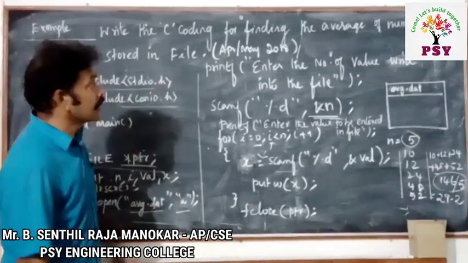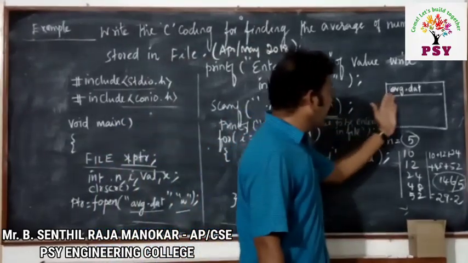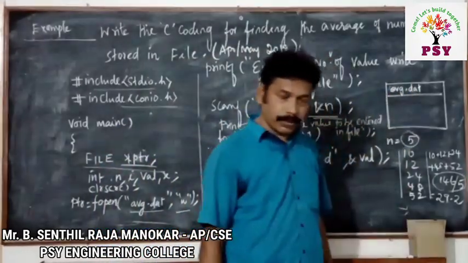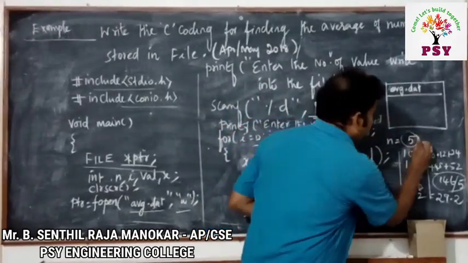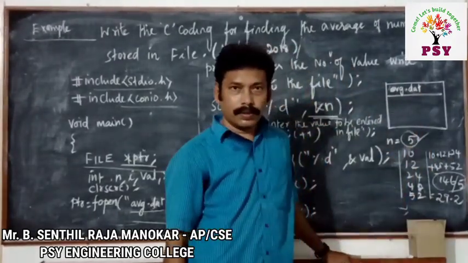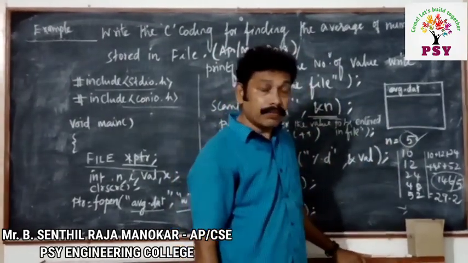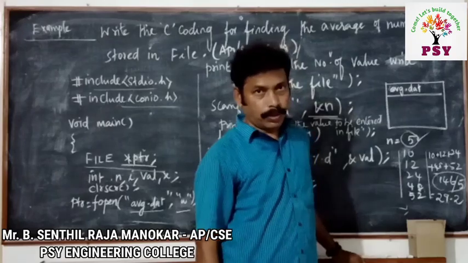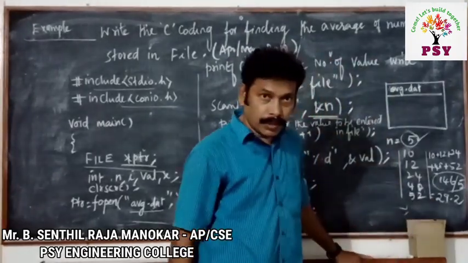So the meaning is, we have a file, that is an avg.dat file. That file will have 5 values. That is why n is equal to 5. We have to fix that earlier: how many values you are going to enter into that file.